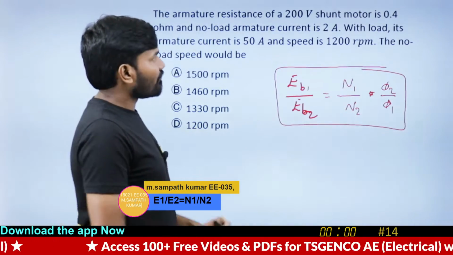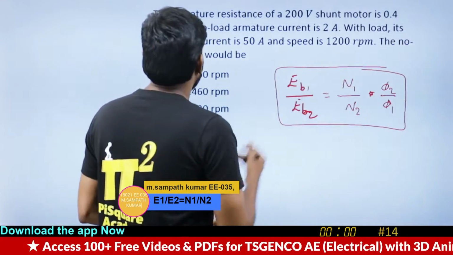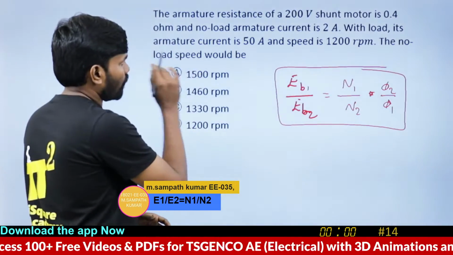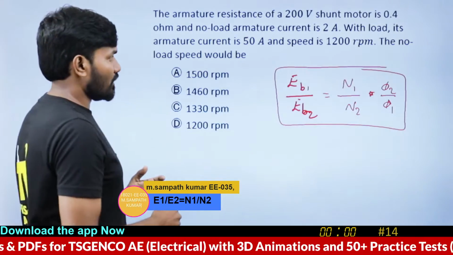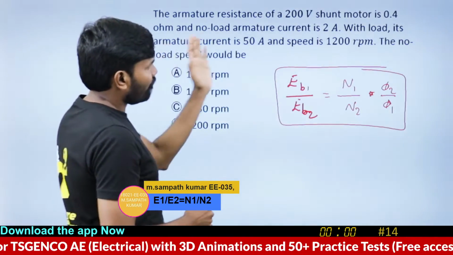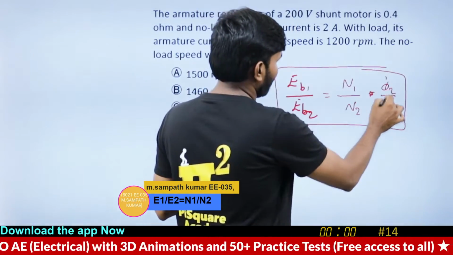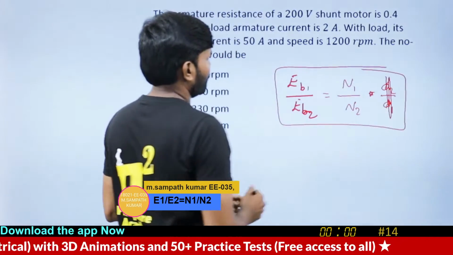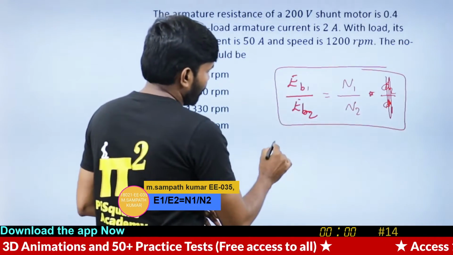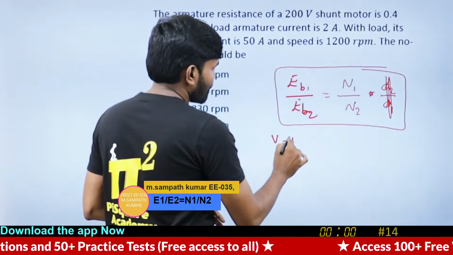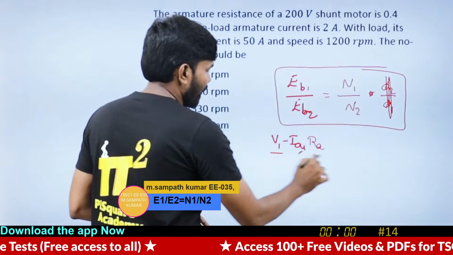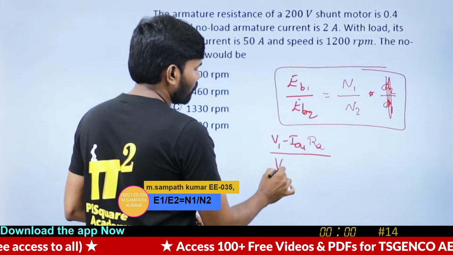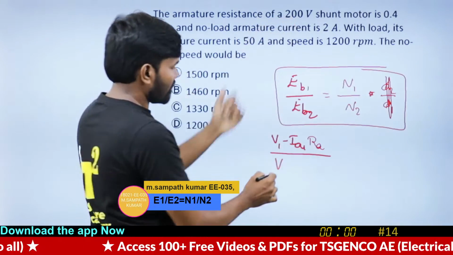It is said the shunt motor armature resistance is 0.4, and no load armature current is 2 ampere. Now the question is, without a calculator, how to solve this? That's what I'm trying to say. Here no change is made on the flux, so the flux is constant. EB1 is equal to V1 minus IA1 RA, by V2, no, V1, the same voltage, right?